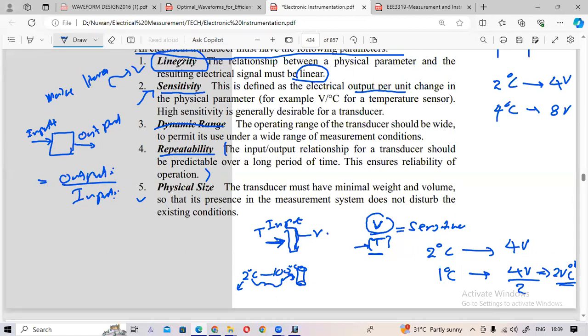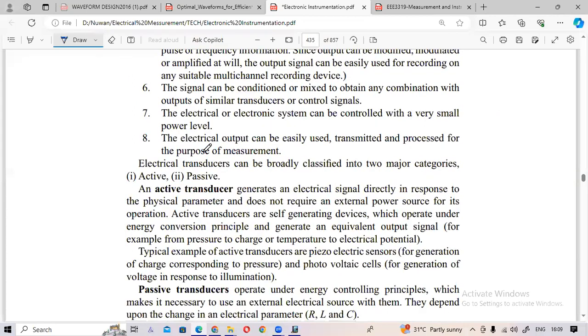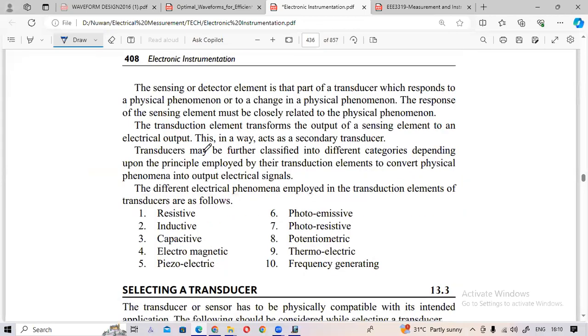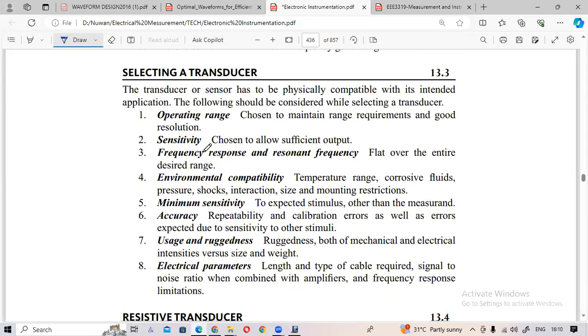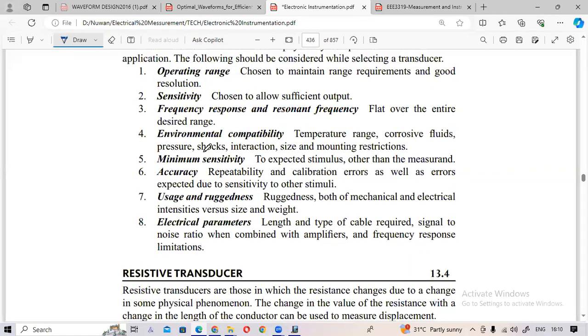These are the main parameters, and there is another parameter. Yeah, this one: response. The frequency of resonant response is another very important parameter.